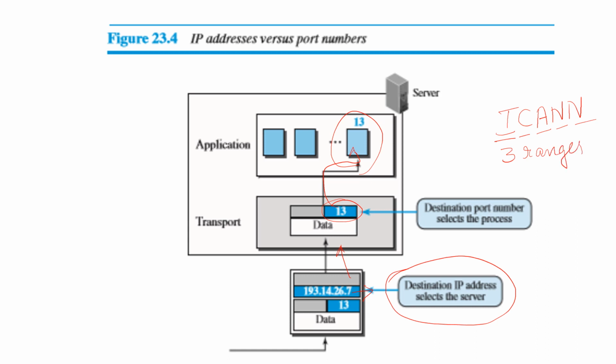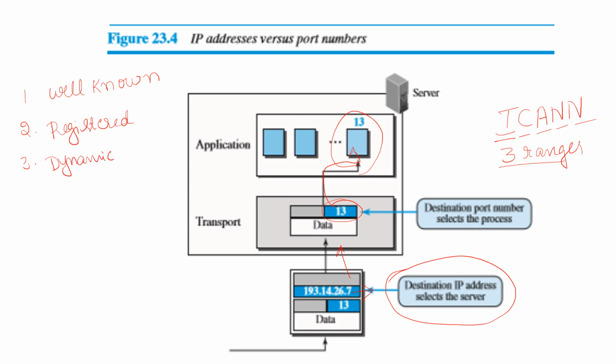The first one is well-known port numbers, which you can also consider permanent port numbers. Next we have registered port numbers, and the third category is dynamic port numbers.